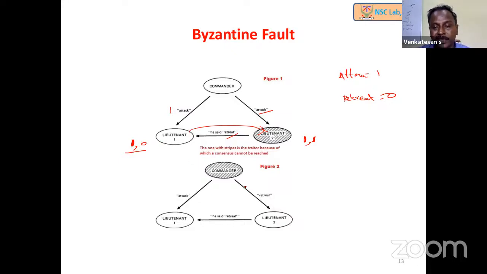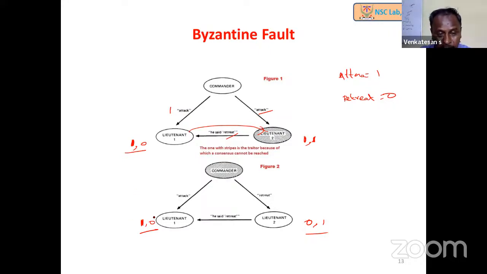Let's see another scenario where the commander is compromised. The commander here says attack and here says 0, that is retreat. Now these 2 are exchanging the messages. Lieutenant 1 sends the message to lieutenant 2 as 1 and lieutenant 2 sends the message as 0. Now also these 2 parties are not in a position to take the decision.